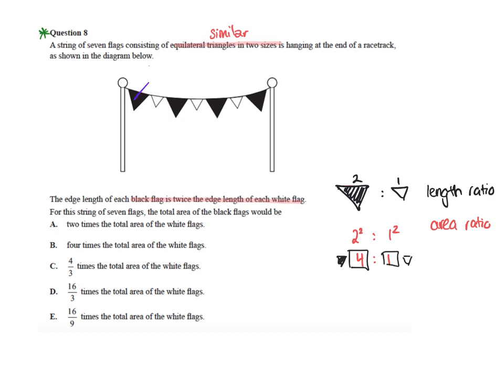But if you look up here, we've actually got 1, 2, 3, 4 black flags, so I would times that by 4, and we only have 3 white flags, so 3. So if we're comparing the total area of all these flags, we have 4 times 4 is 16, and 3 times 1, so we have 16 to 3, as there are more black flags. So this is how we get that answer of 16 to 3 there.